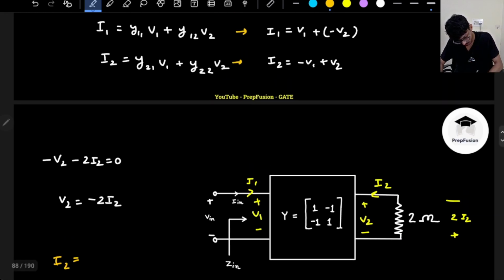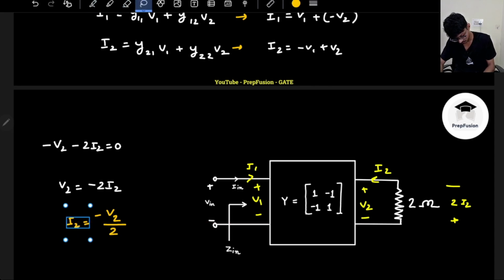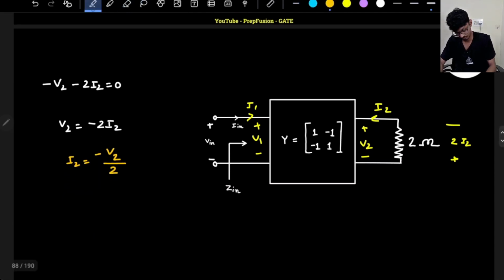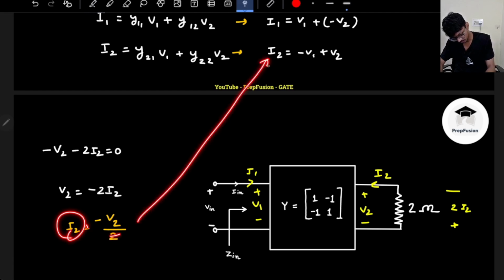Sorry, what I have to do is replace my V2. So what is my V2 in terms of V1? So I2 is equal to what then? Here I can write I2 equals minus V2 by 2. And I can replace this I2 here.